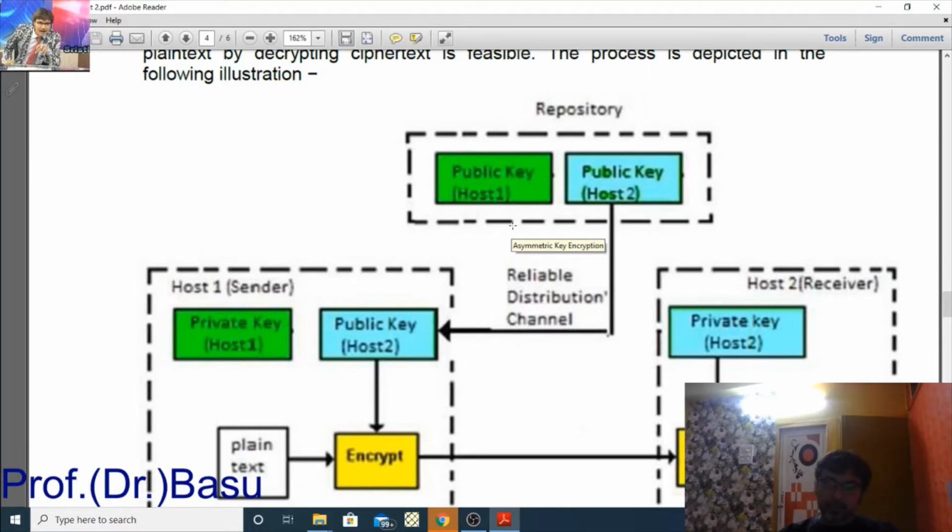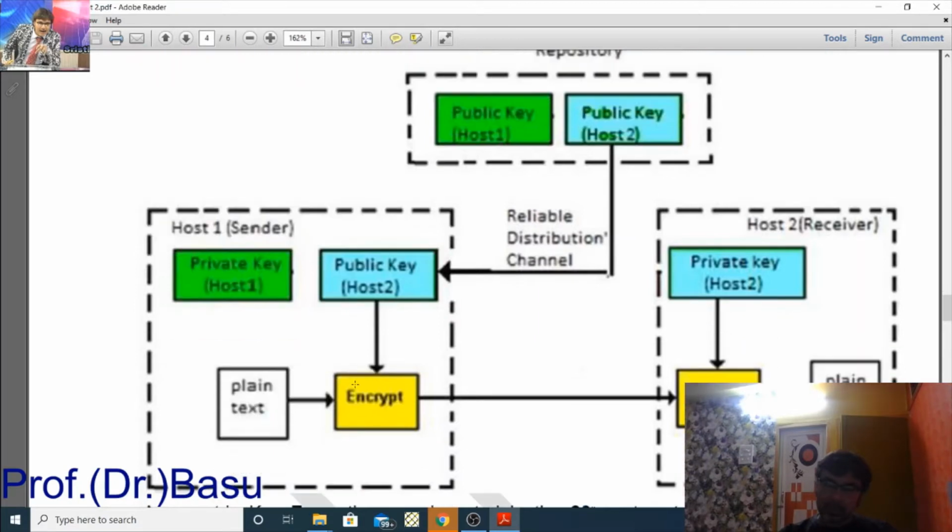Whenever the sender wants to send a message with encryption, the sender will use the public key of the receiver, and will encrypt the plain text. The sender uses the public key of the receiver to encrypt the message, and passes the message through a secured channel.